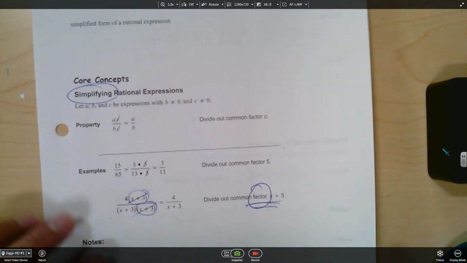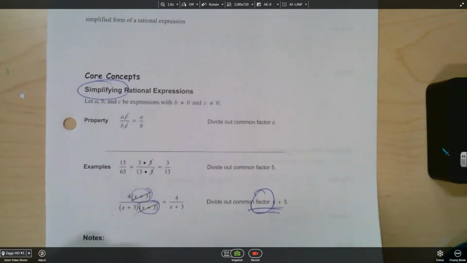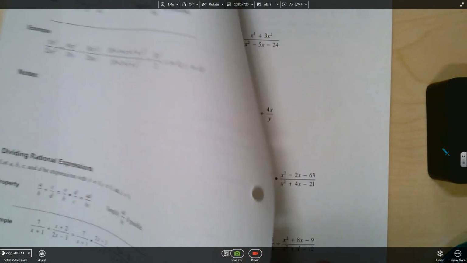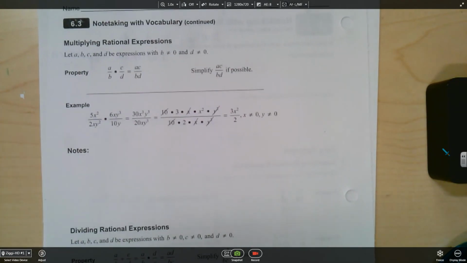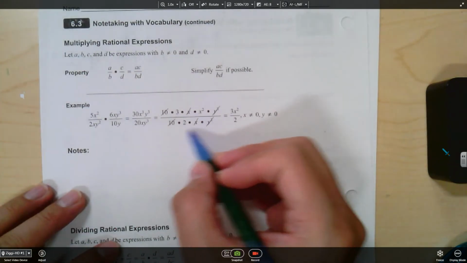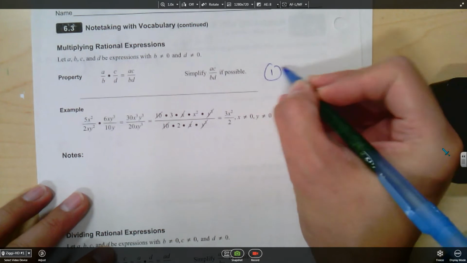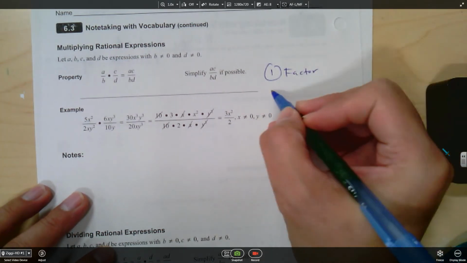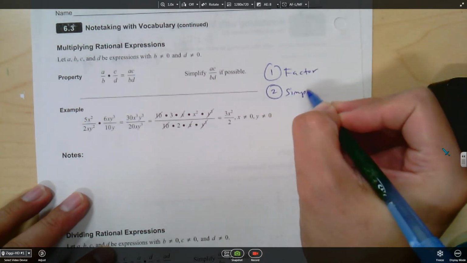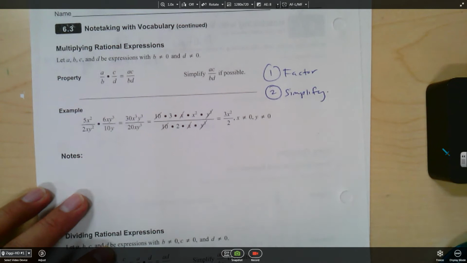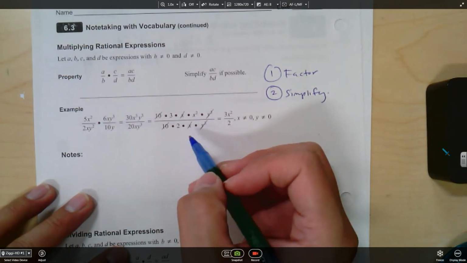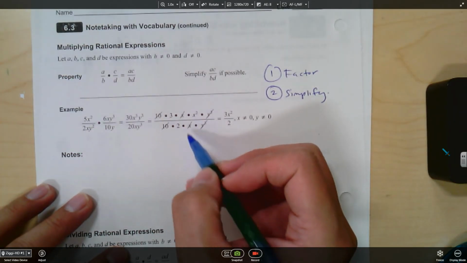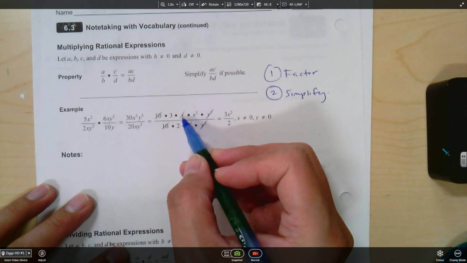So not really too much to do on this page, but the next page walks you through how we are going to multiply a rational expression. After we simplify, first, we're going to factor everything. Two, we're going to simplify by crossing off anything that's at the top and at the bottom. Now, they don't have to be right underneath.